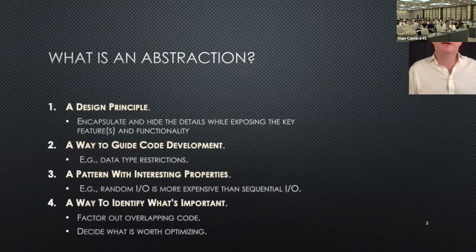If you identify pieces of code that are shared between different modules in the system, pulling it out and deduplicating your code might be an important abstract task. Also, identifying chunks of code that get executed a lot and are therefore worth optimizing is another form of abstraction.